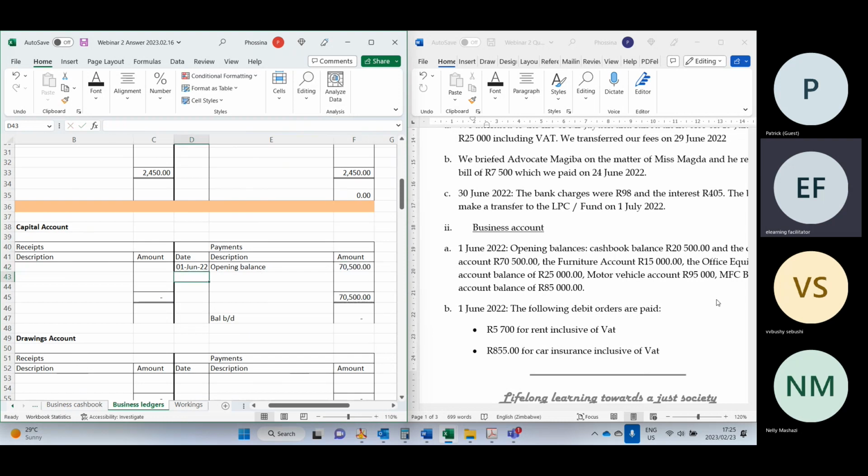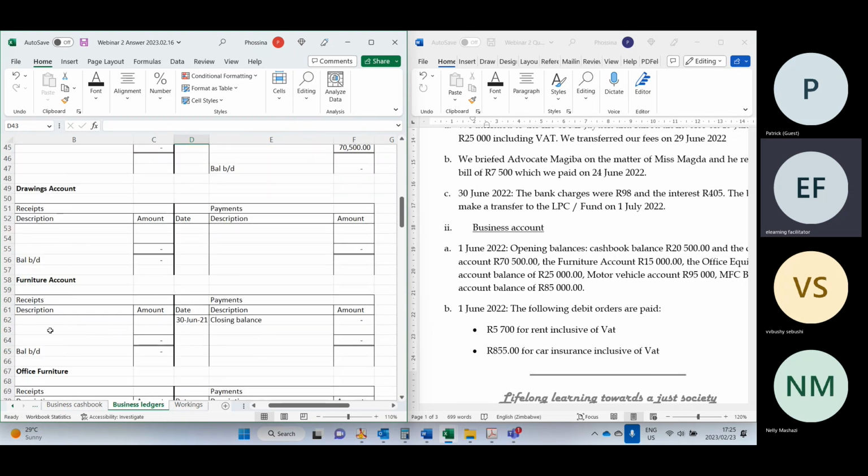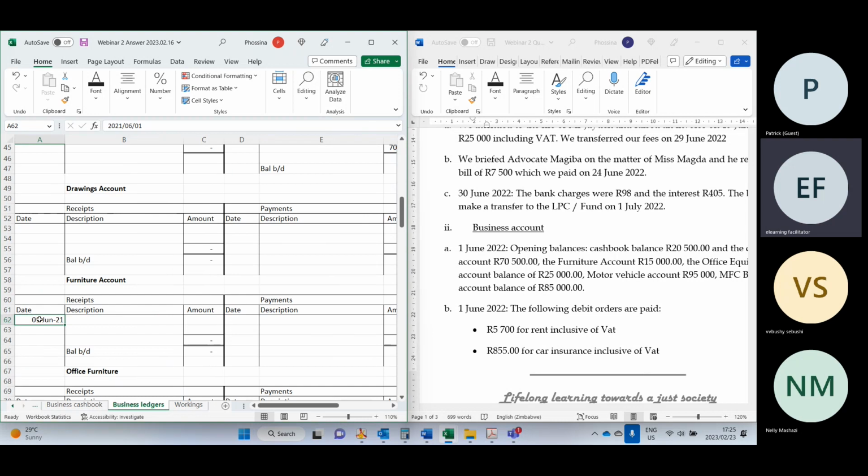And then the furniture account at 15,000. This is our furniture account, which is an asset. Assets always have debit balances. So the opening balance for the furniture account is 15,000.